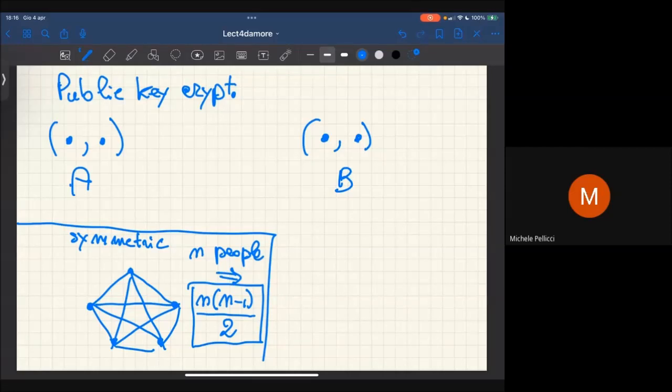So it is a quadratic number of keys. This means there is a big number of keys, and every person should handle n minus 1 different keys. And this is not really simple. It is important to compare this with the case of public key cryptography, where every person is just handling a pair of keys.